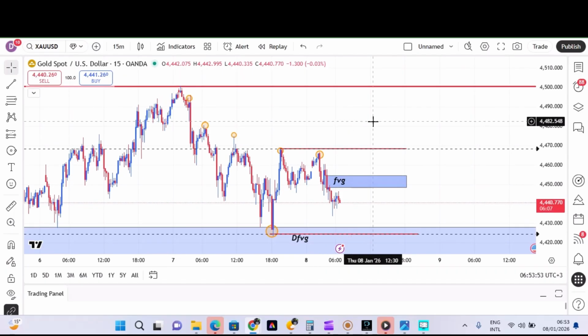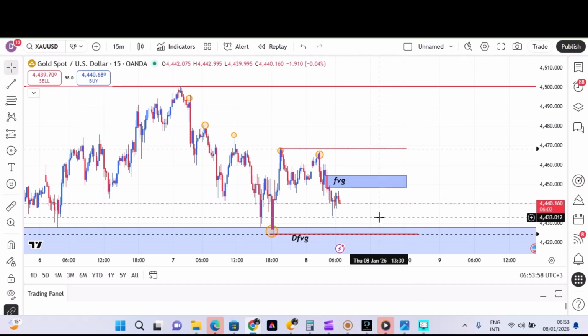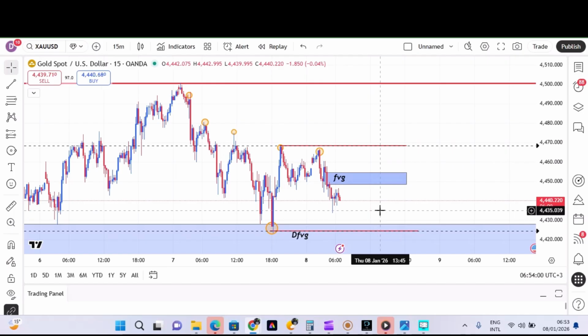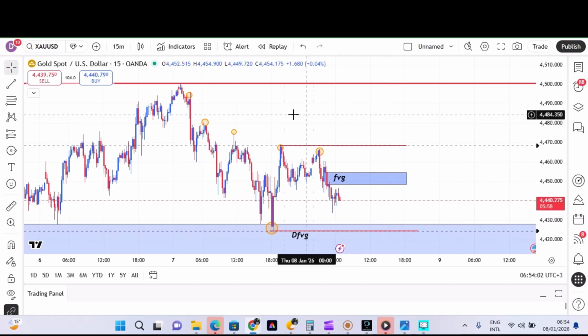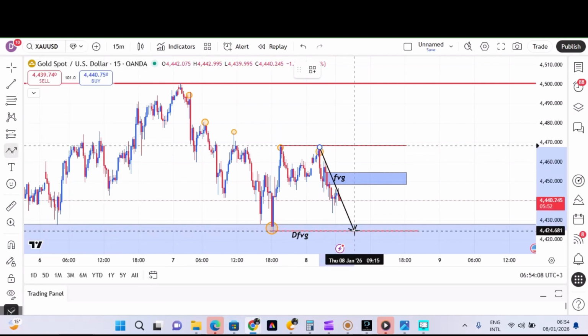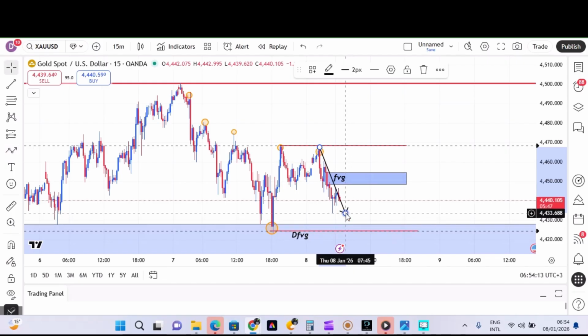God bless you. This is the final outlook of the market on a 15 minute, and the trend of gold is basically bearish as per the Asia session.